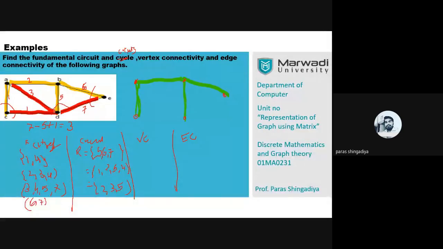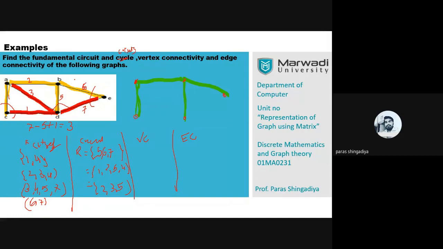And now check for vertex connectivity and edge connectivity. So vertex connectivity is here. Can we make the graph disconnected? It means, can we make the graph into two partitions by deleting a single vertex? Check in this graph.